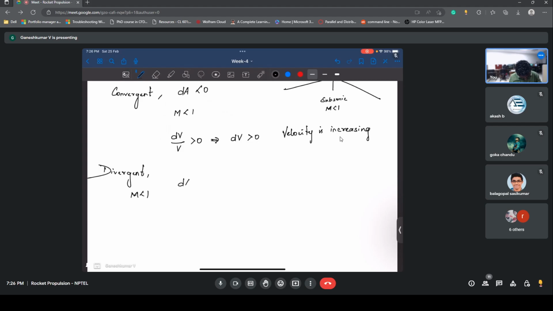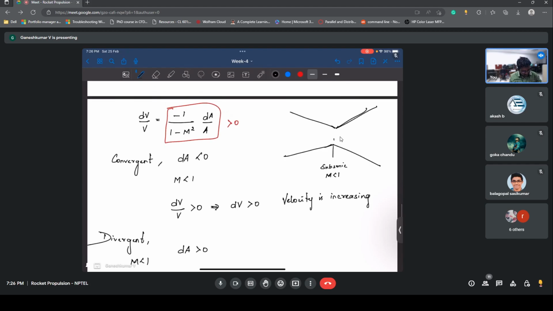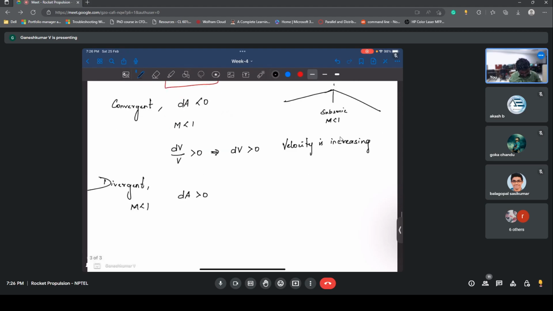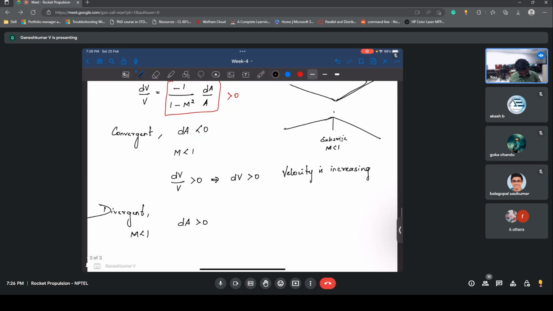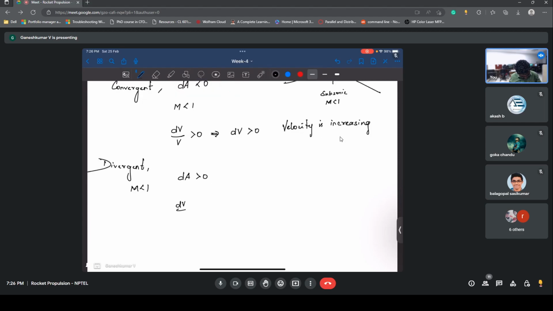Now dA, what is dA? dA is positive, right? Because in the divergent portion area is increasing. Mach is still less than 1, so dV by V is going to be minus 1 times this positive quantity, which makes it negative. That gives rise to dV less than 0, which means velocity will decrease.